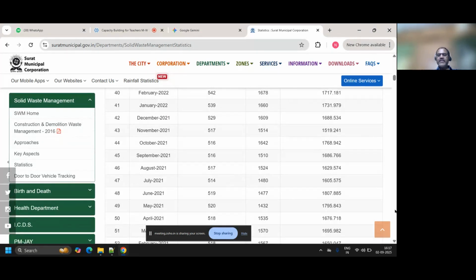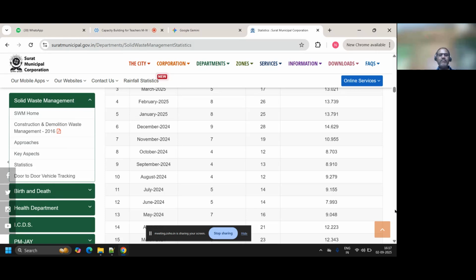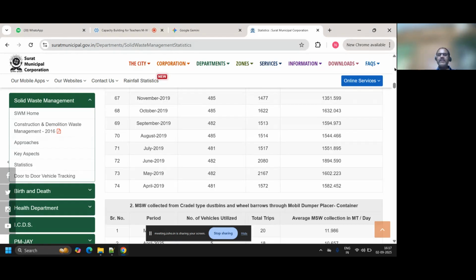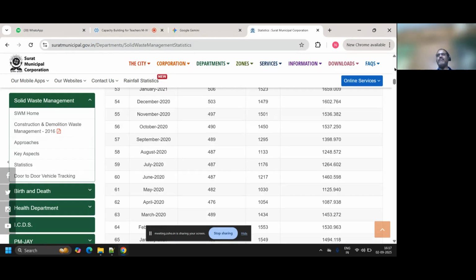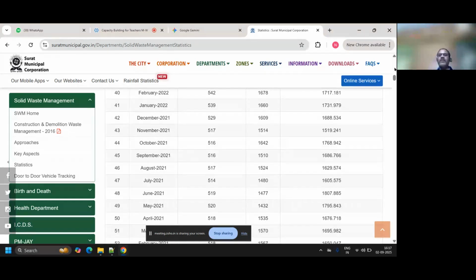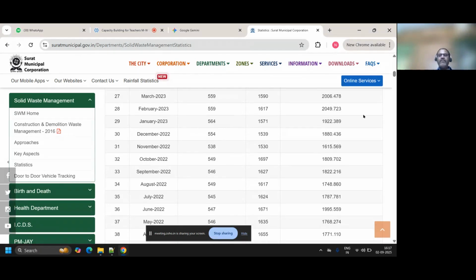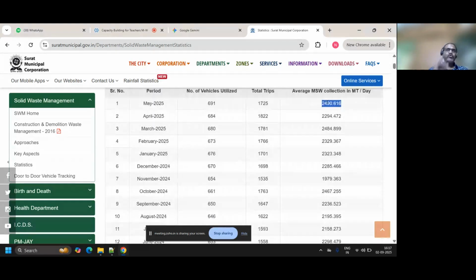The wastage every month is increasing day by day. Every day you are talking about 2,000 tons of garbage is collected in Surat city alone.